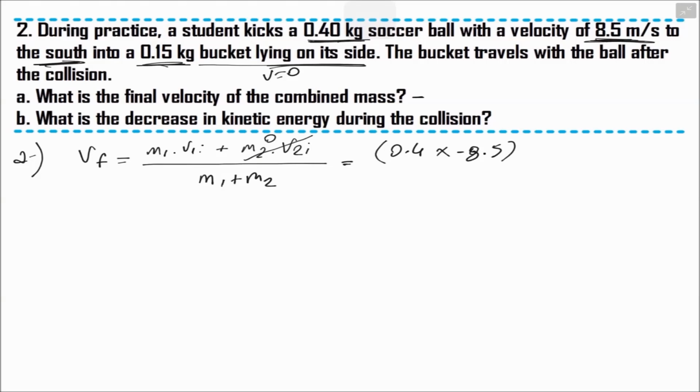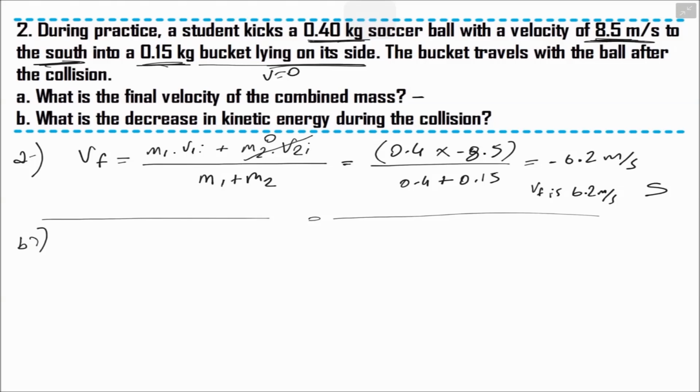Plus 0, no need to write it there, over m1, 0.4, plus m2, 0.15. So the result will be negative 6.2 meters per second. That means V final is 6.2 meters per second to the south.